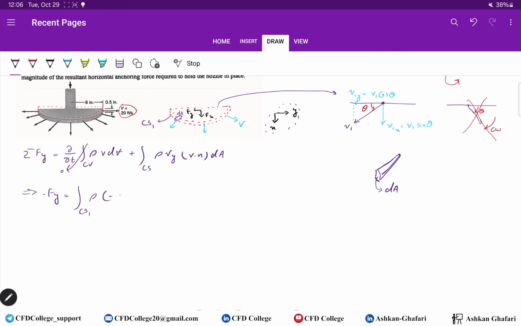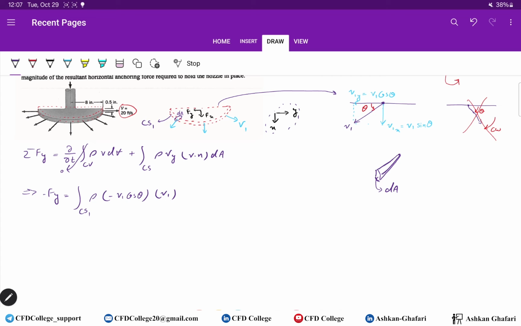So minus v1 cosine of theta, and v dot n equals v1. This is v1, because we have outlet, and the only thing that matters is the magnitude.